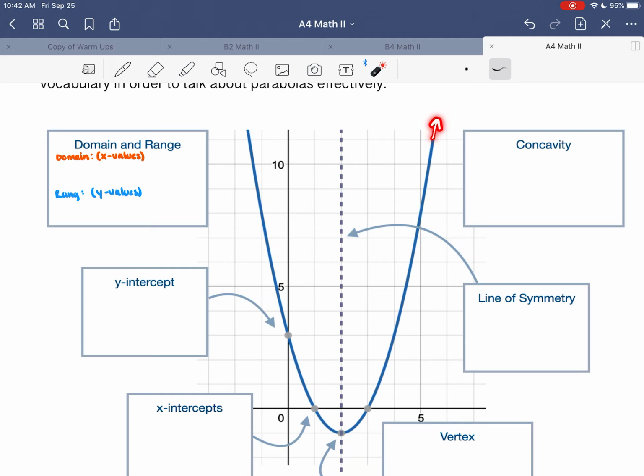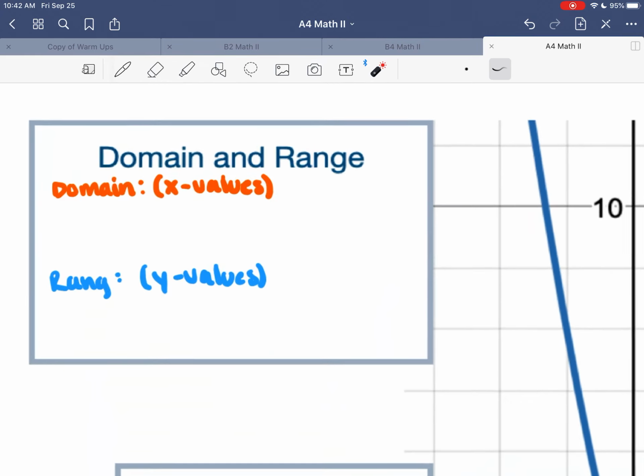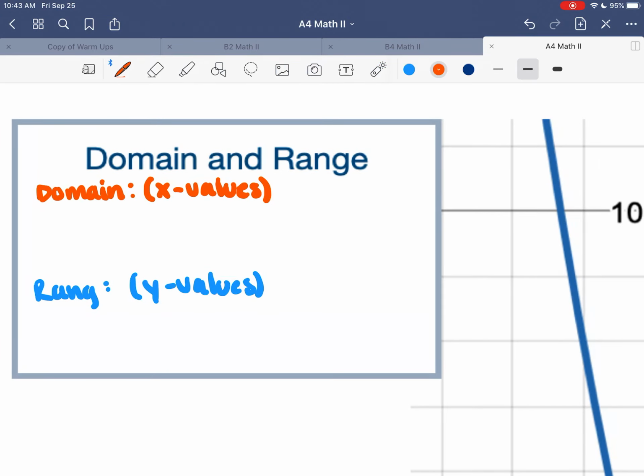It goes slower and slower because the slope of that graph gets steeper, but it actually never stops. So it goes forever in both directions, left and right, even though it looks like it'll peter out and stop, which makes the domain of a parabola still negative infinity to positive infinity.